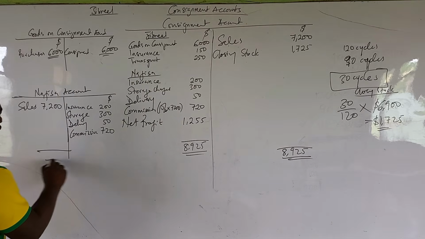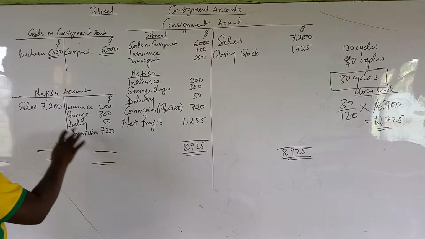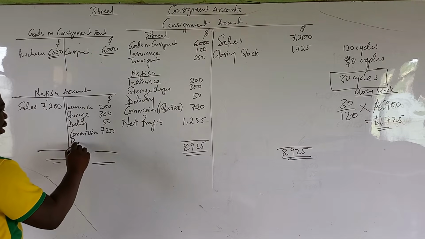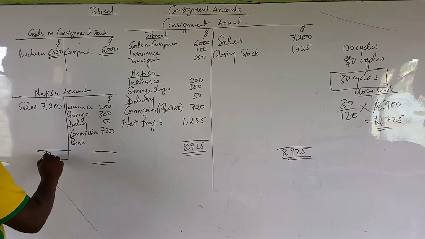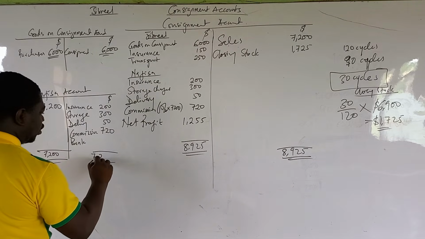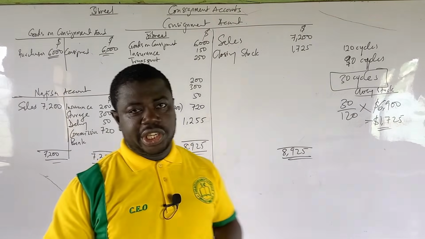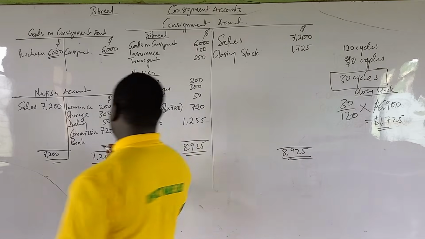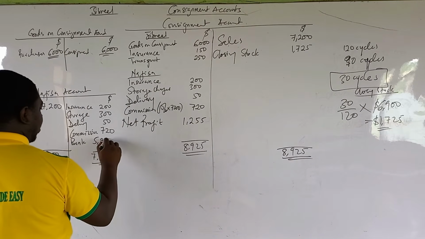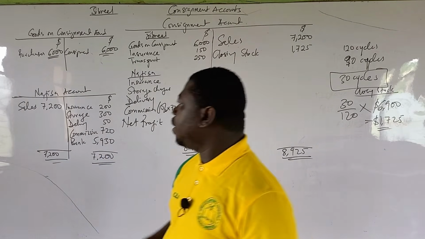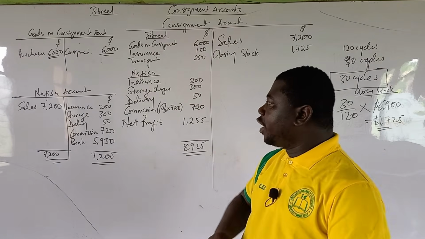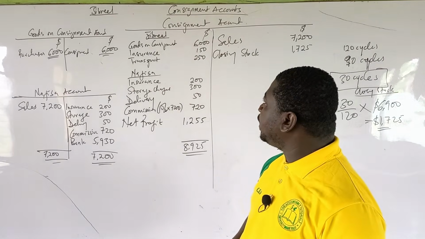So when you are done, you just balance it off, and the difference will be a bank settlement. So the total is 7,200, 7,200. We know this from the previous video, and that is why I'm rushing it. And so the bank settlement will be 5,930. So this is the money that is expected to be received from Nafisa, the consignee.